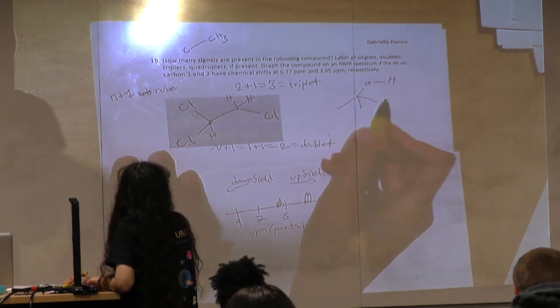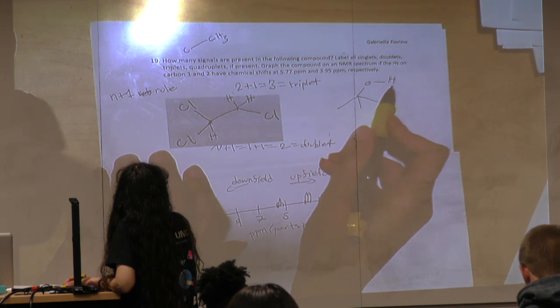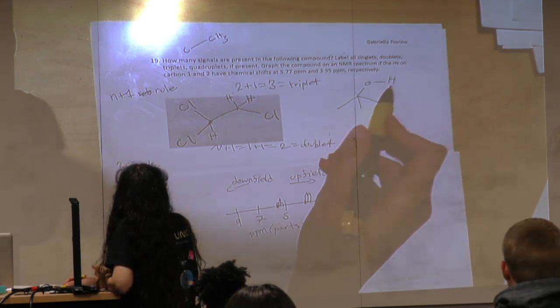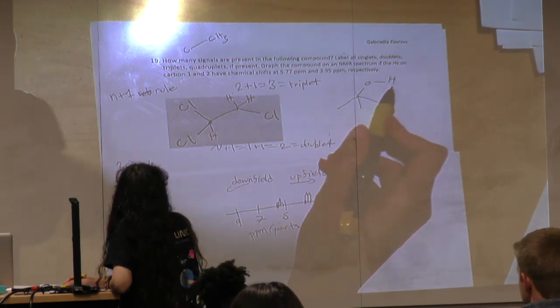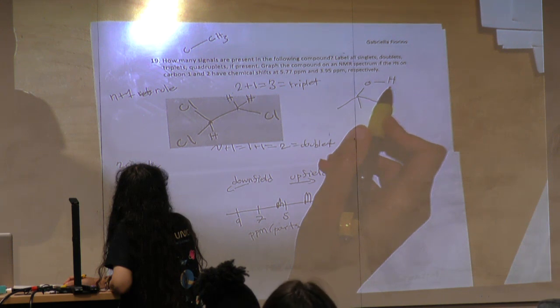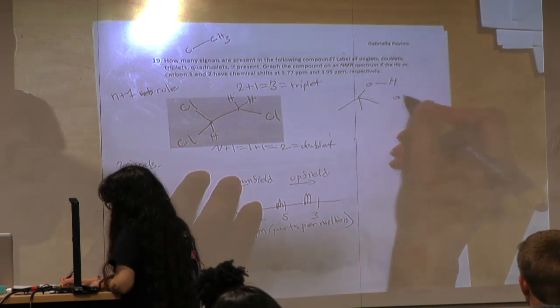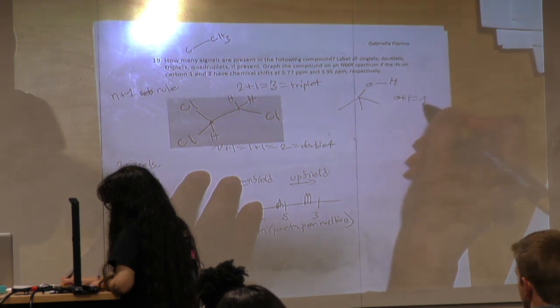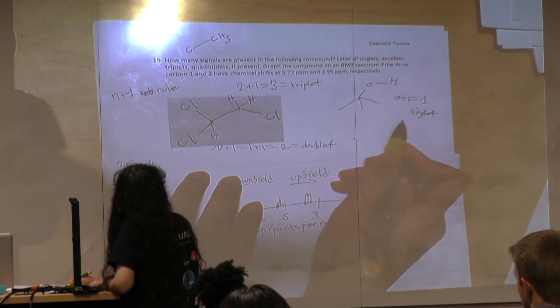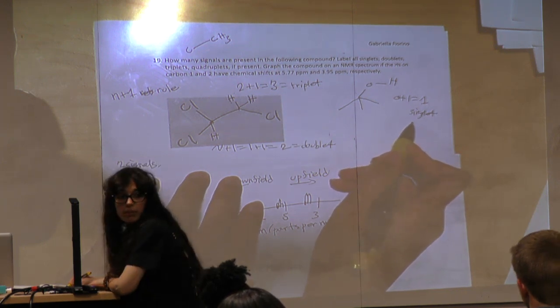And so this hydrogen, does it have any adjacent hydrogens? No, right? So we do the n+1 rule. 0 plus 1 is 1, and that's a singlet. Does that make sense?